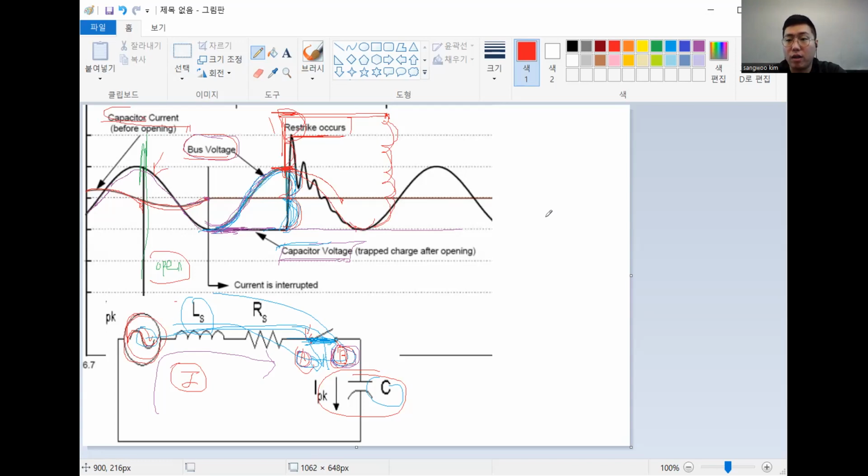Restrikes happen, but because of the circuit's resistance and damping, it cannot reach 5 or 6 times. Generally, a surge voltage between 3.3 and 4 times could happen because of this LC swing impact, and because the capacitor just stores energy.